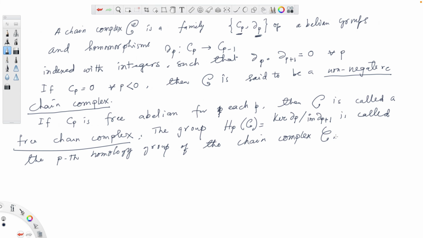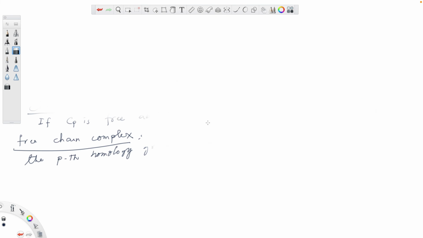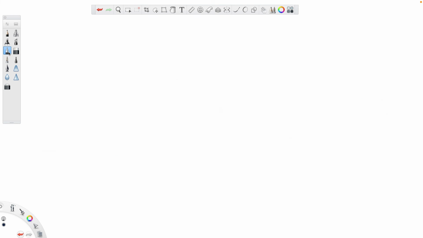Now consider a non-negative chain complex. Let me erase everything. Concentrate on a non-negative chain complex C, and augmentation.